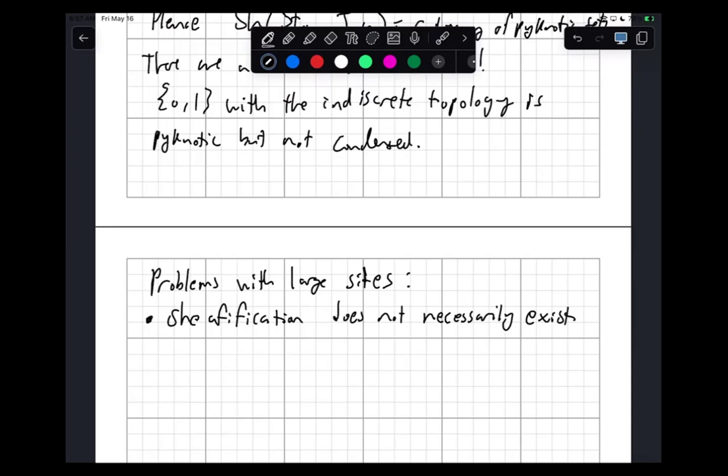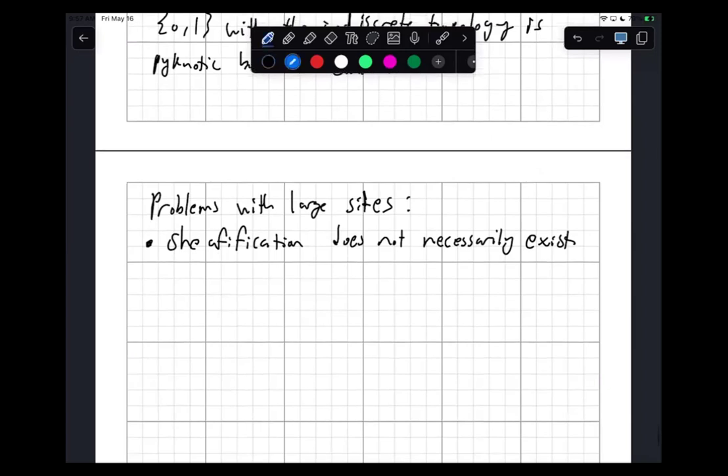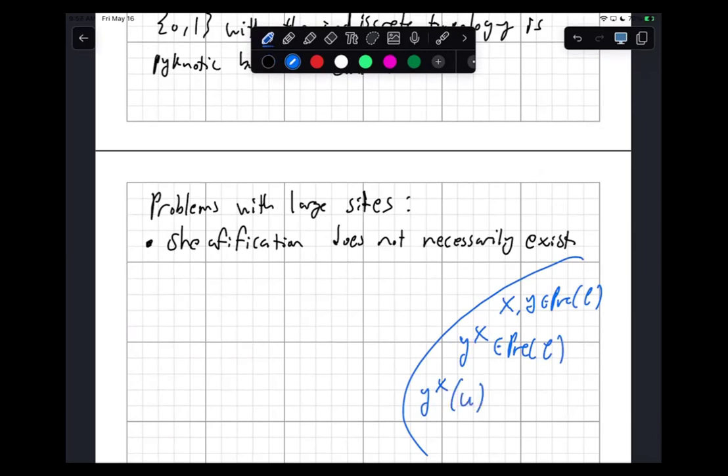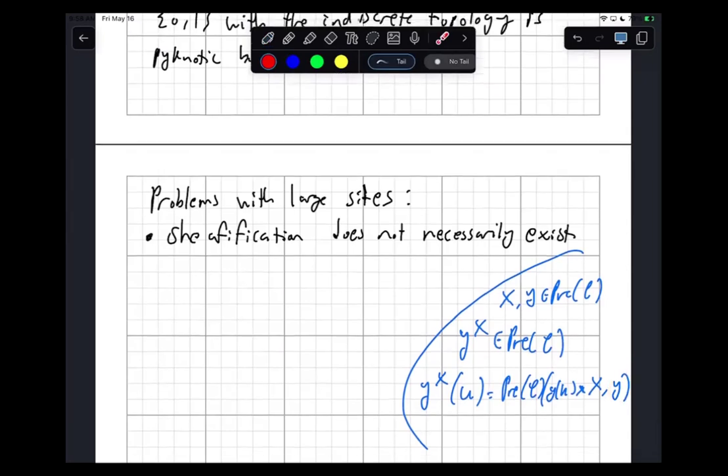Let me write this in blue over here. If X and Y are presheaves, then their internal Hom, Y to the X, is also a presheaf, and it's defined on a U in C by taking the representable on U, multiplying it by X, and mapping it to Y. This is how you define Cartesian closure of presheaf categories.